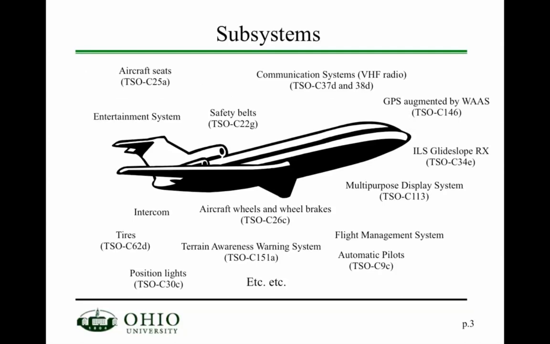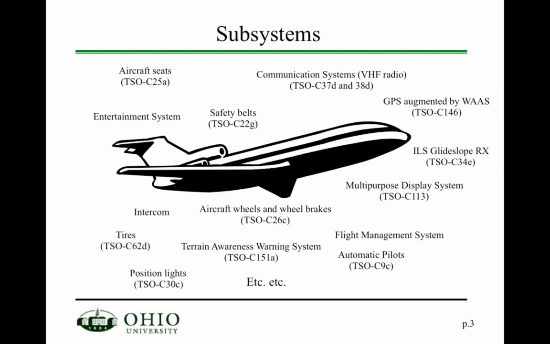So if you look at a typical airplane, there is a variety of different subsystems on board, ranging from the entertainment system to the flight management system and the autopilot. Now what you see in some of these systems in this particular picture is that they have an associated TSO number, which remember stands for Technical Standard Order that we saw in the previous module.